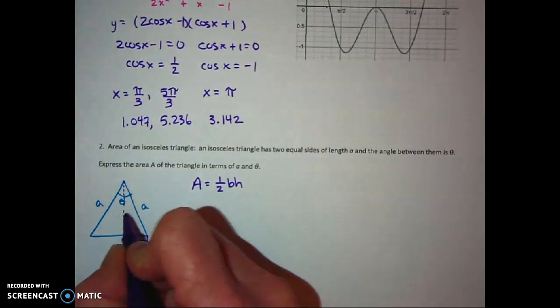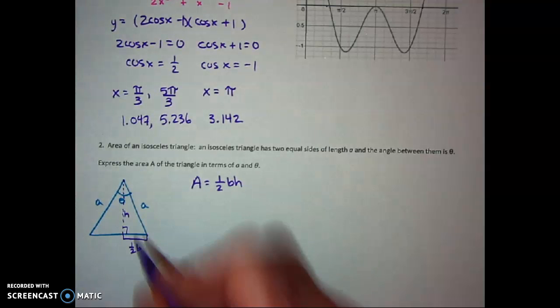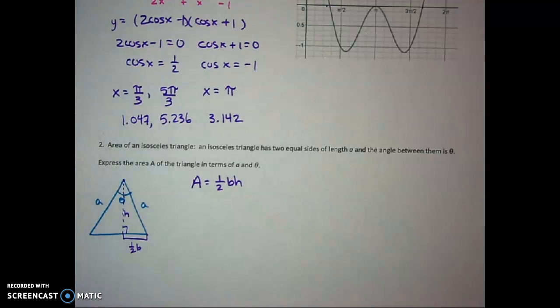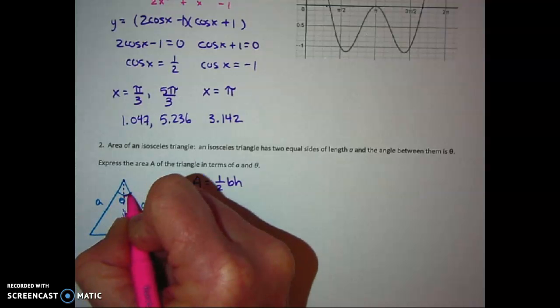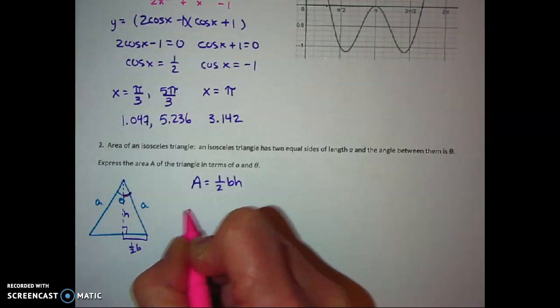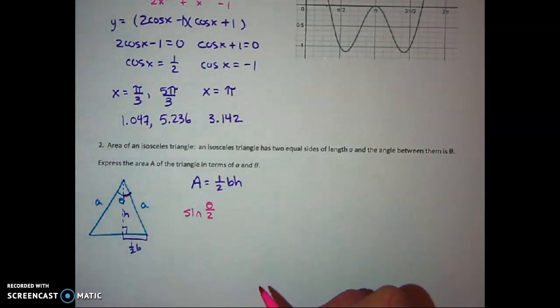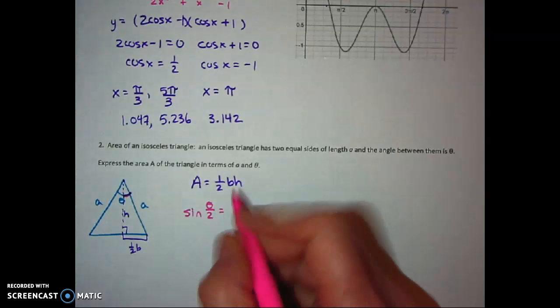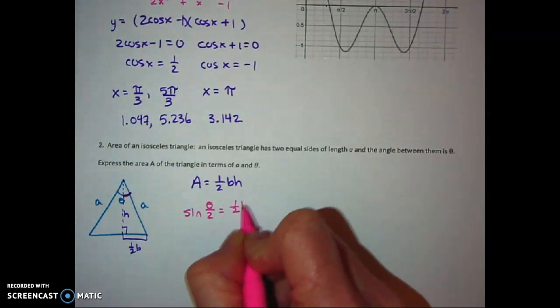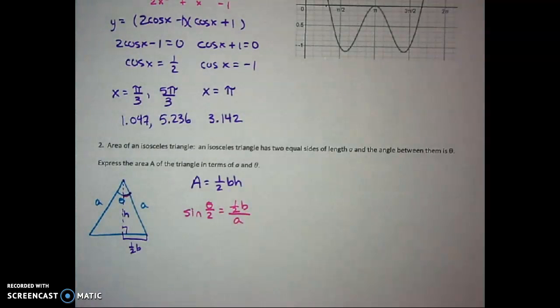I'm going to call this my height because it is. And so now, the sine of theta divided by 2, because I broke that angle in half, is the opposite, 1/2 b, over the hypotenuse, which is a.